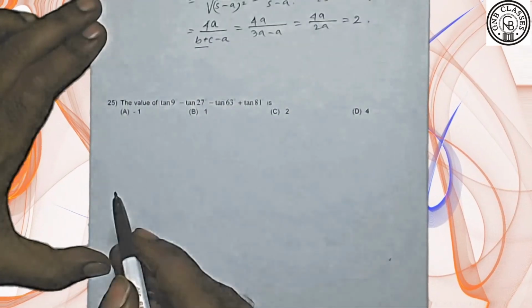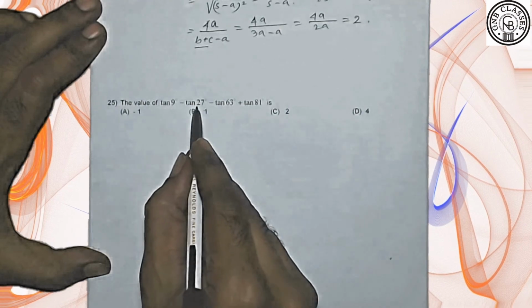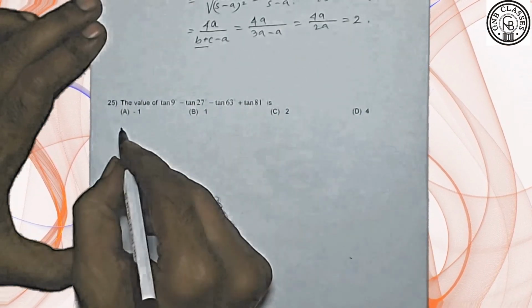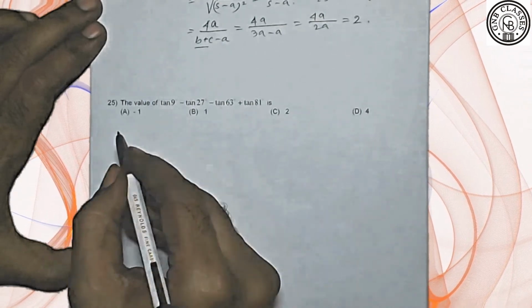Now we have to find out the value of tan 9 degree minus tan 27 degree minus tan 63 degree plus tan 81 degree. So let us make a group according to our need.